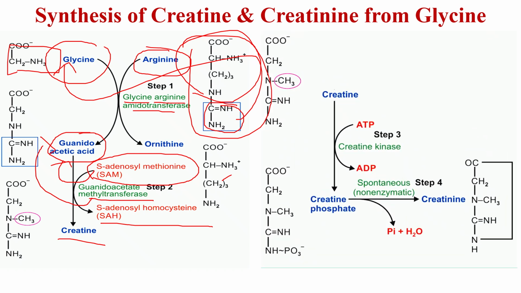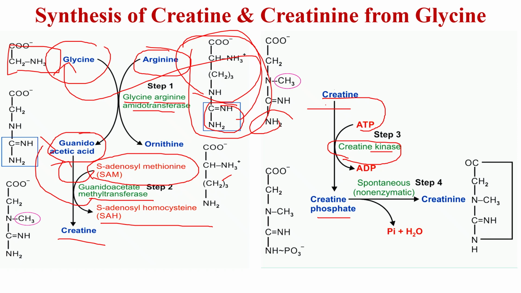Again, this creatine, by the enzyme creatine kinase. You have seen that whenever there is a kinase, it means that we require ATP. So the ATP is converted to ADP, and this phosphate group is taken up by the creatine. You can see here, there is no phosphate group on the creatine, but a phosphate group is added by the ATP, and it forms creatine phosphate.